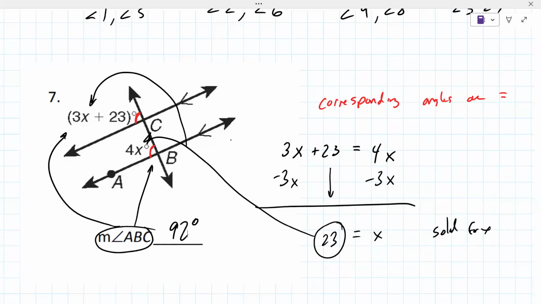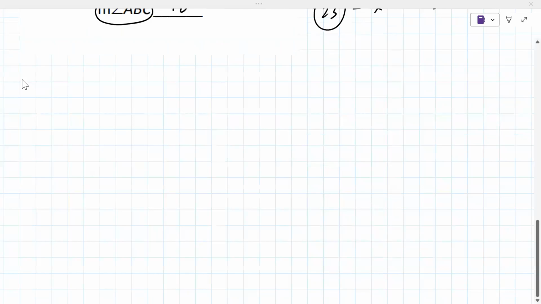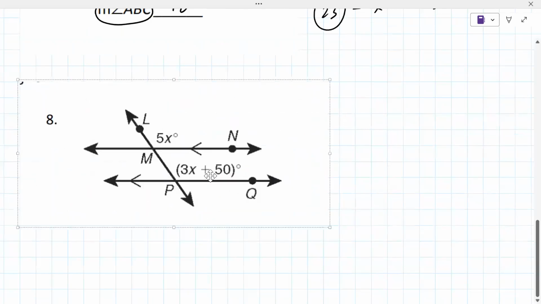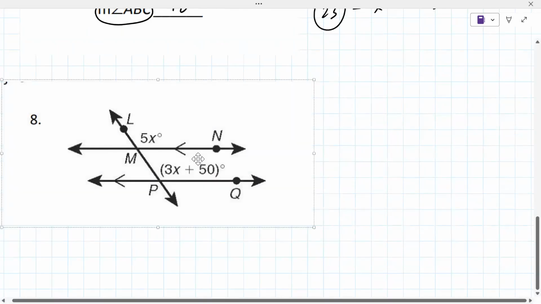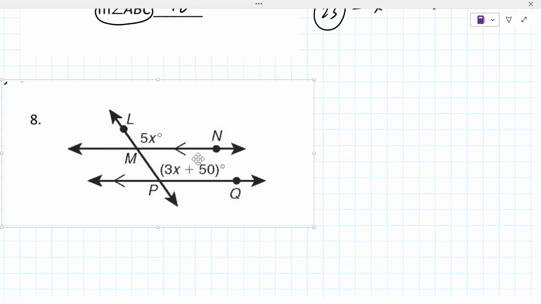Okay, let me have you try one on your own. It's very much the same as the one we just did, slightly more difficult. First solve for x. These are again corresponding angles. 2x equals 25, x equals 25.